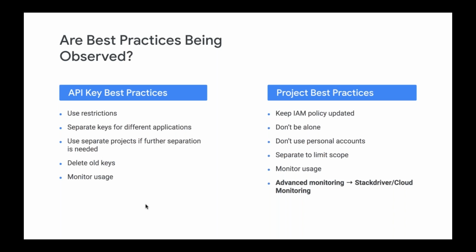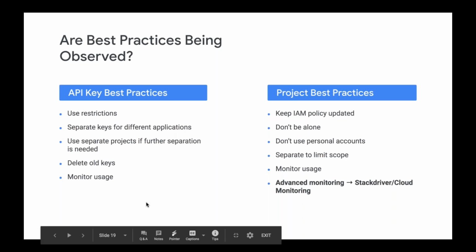For example, if you're doing something and you're expecting your geocodes to drop by 50%, you don't have to wait until your next invoice to figure that out. You can look in that APIs and services dashboard and get usage as recent as 1 hour and as far back as 30 days. It's kind of a different way that you can monitor your usage there.